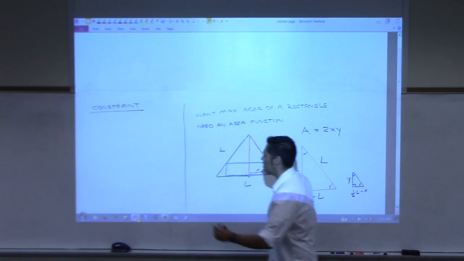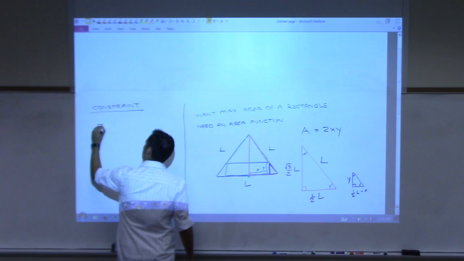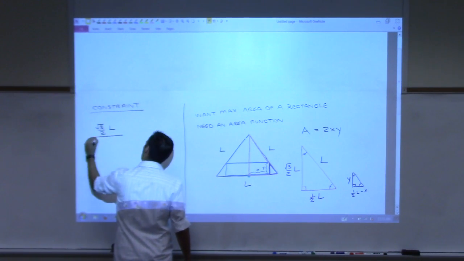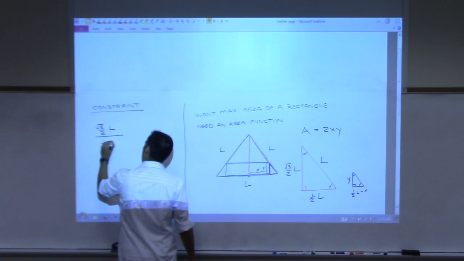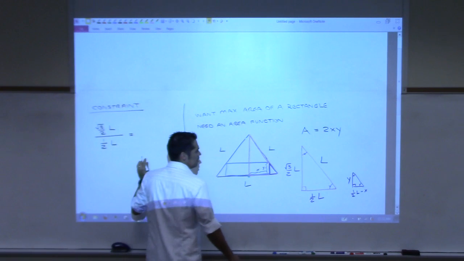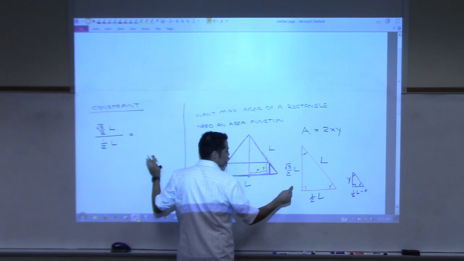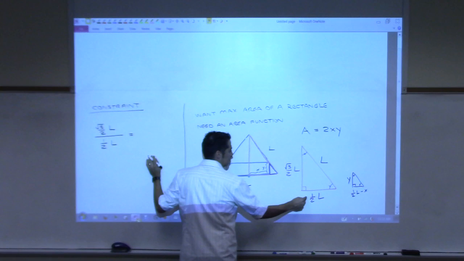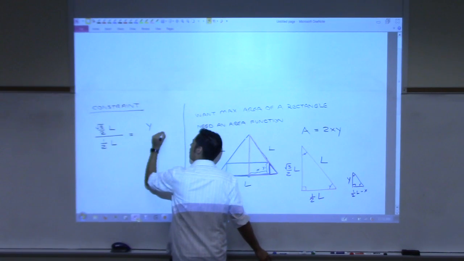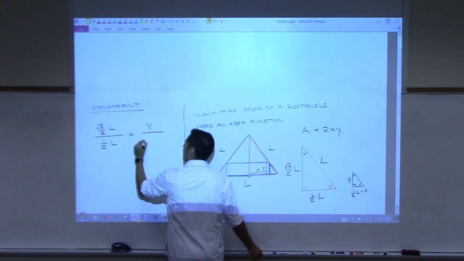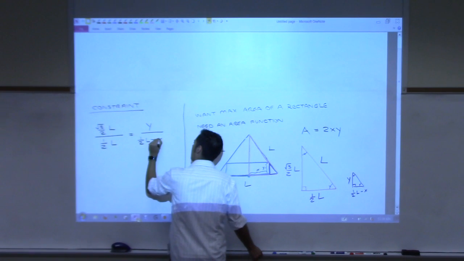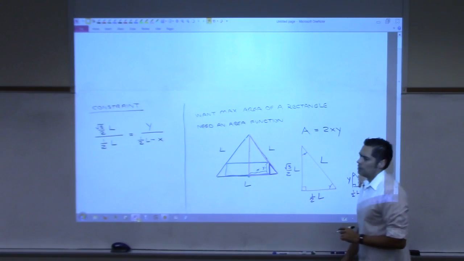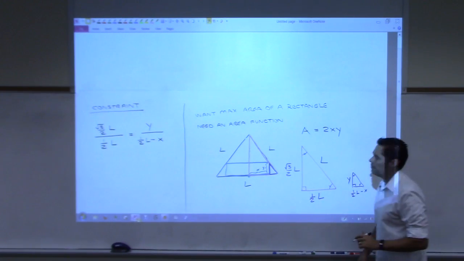Okay, so I'm going to write root 3 over 2 L over 1/2 L must equal what? You have to get it in the right order here. This over this must equal y over 1/2 L minus x. And let's start cleaning this up.